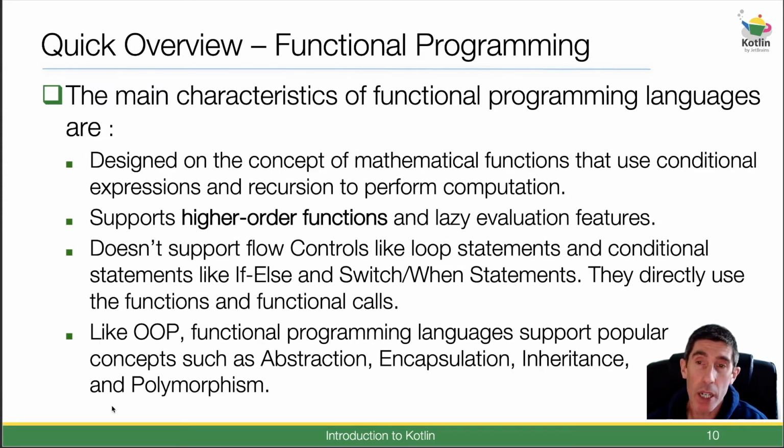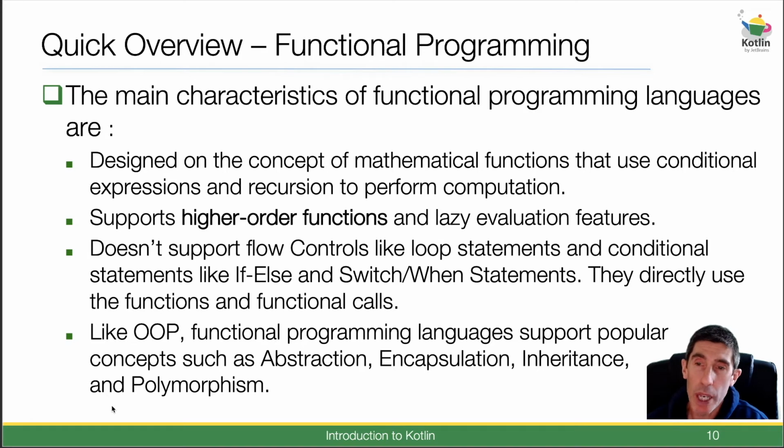Up to now, we've been using what's known as first order functions, which generally take parameters, calculate something, return a value if needs be, okay? And we will be looking at, again, a lot of examples now in a minute. Another characteristic, doesn't support flow controls like loop statements and conditional statements like our if-else and our switches or whens, right? They directly use the functions and functional calls.